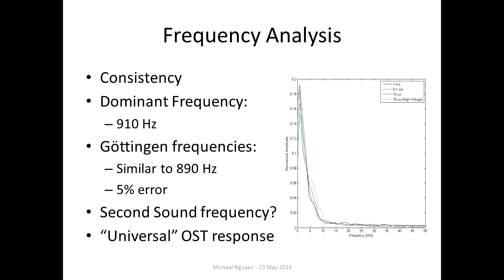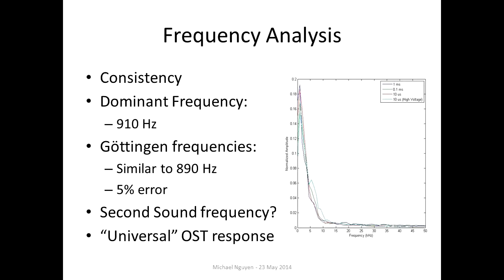However, if we look at the Göttingen frequencies again, 910 Hz is most similar to the result of 890 Hz with a 5% error. And so this gives us the question of, is it the second sound frequency, or is this actually a typical OST response due to the second sound wave?